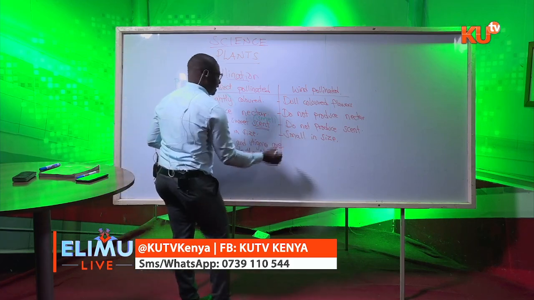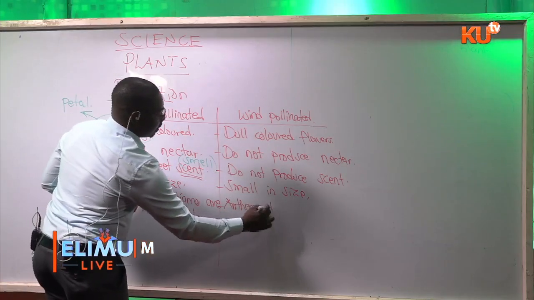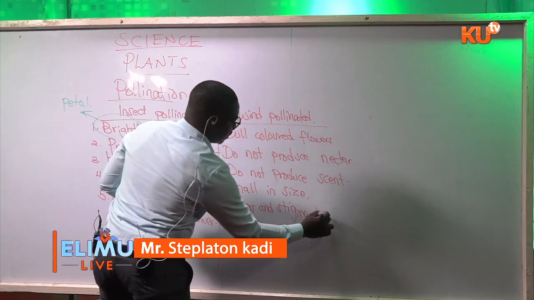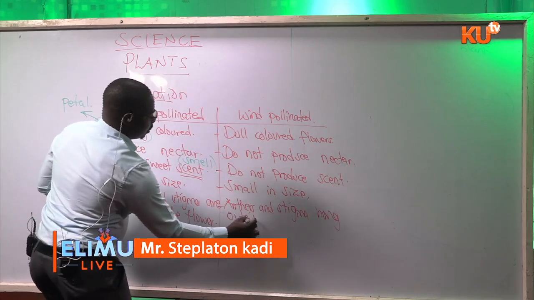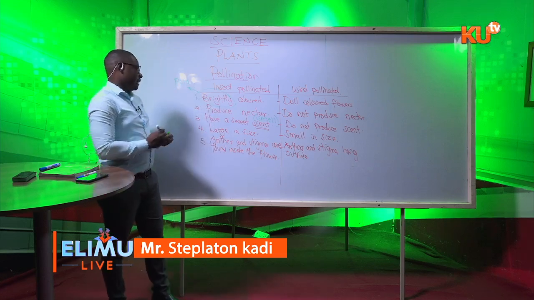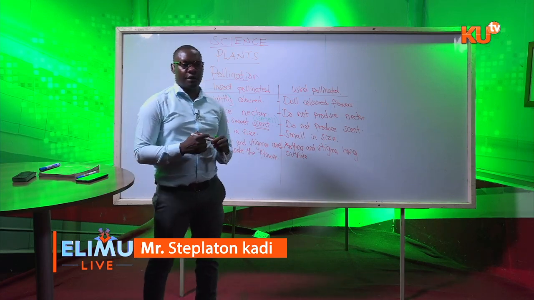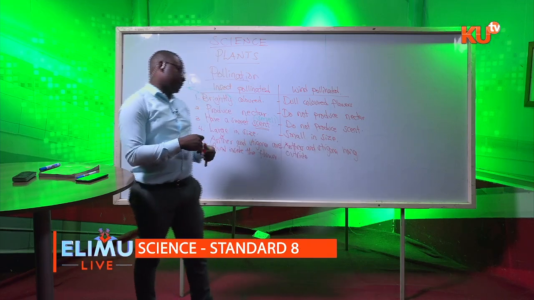In wind-pollinated flowers, the anthers and stigma hang outside. The stigma and the anthers in insect pollinated flowers are found inside the flower because the insect has to get in. That's why they are found inside.